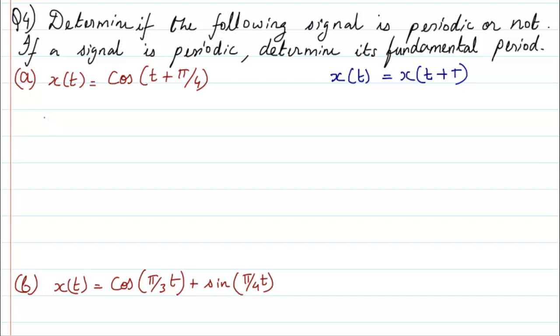Next we will find x of t plus T. Therefore x of t plus capital T is equal to cos of t plus pi by 4 plus capital T.